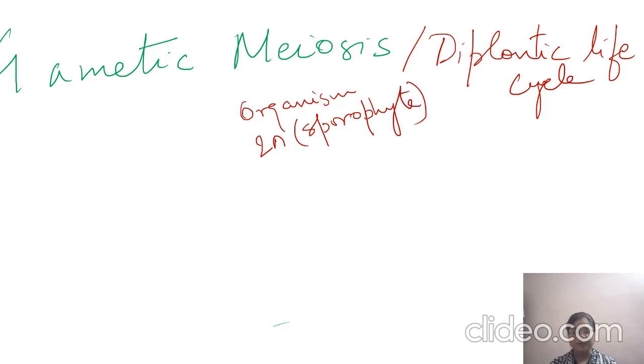For plants we use that term, isn't it? So sporophyte. Now what is happening? There are 2N organisms, and now they have got what? Gonads, or their reproductive cells, you can say.